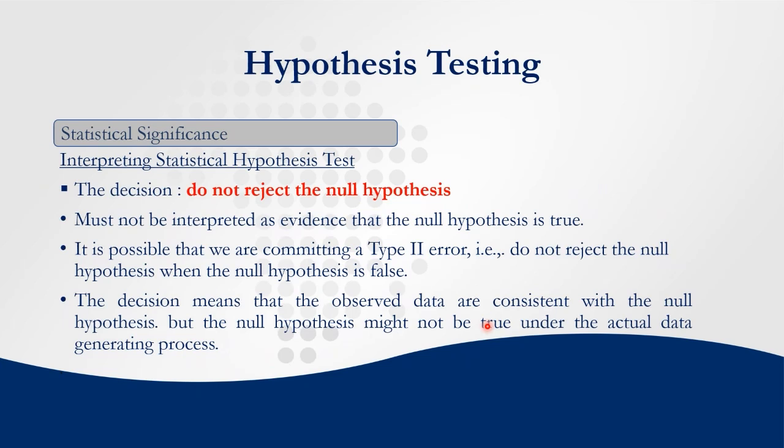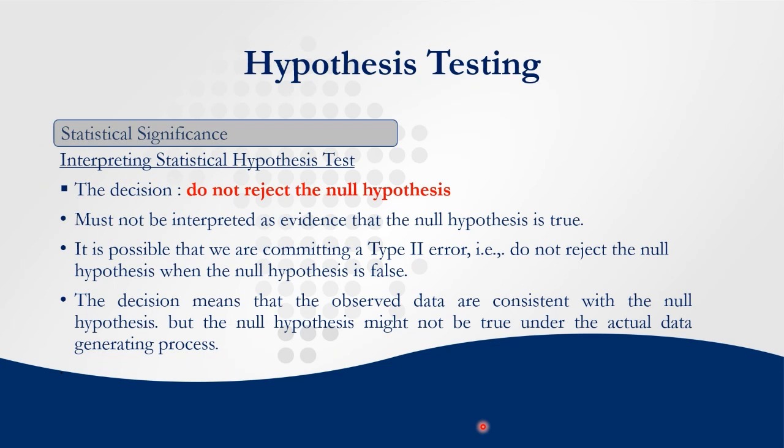So this is just a summary: if the decision is we do not reject the null hypothesis, it doesn't mean the null hypothesis is true, because we know we can commit errors, right? It is possible that we are committing a type 2 error, meaning we are not rejecting it when it is false.